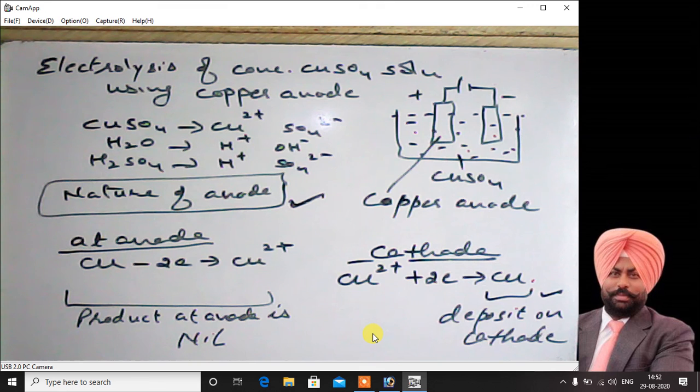So this is the electrolysis of copper sulfate solution that is concentrated using copper anode, and the product at anode is nil, while the product at cathode is copper atom. That's all in this video.